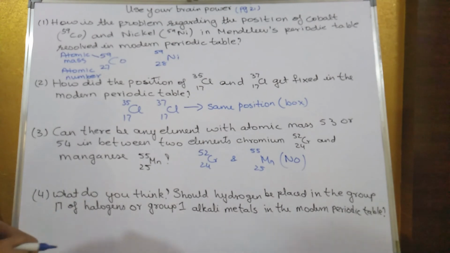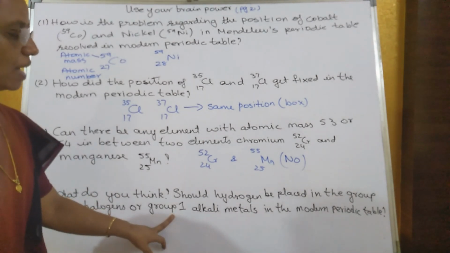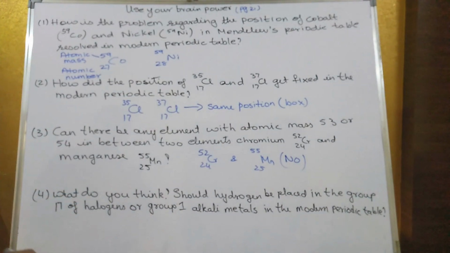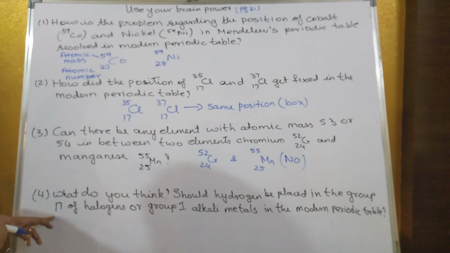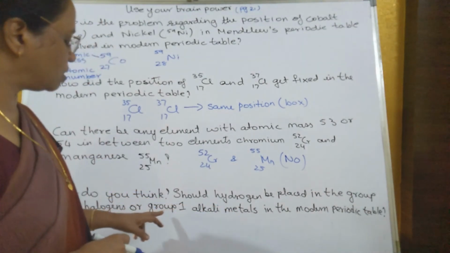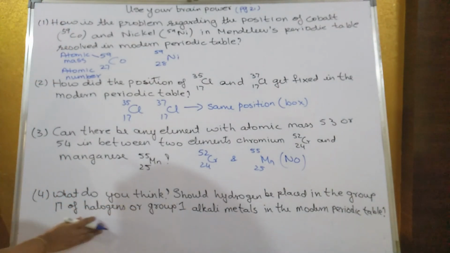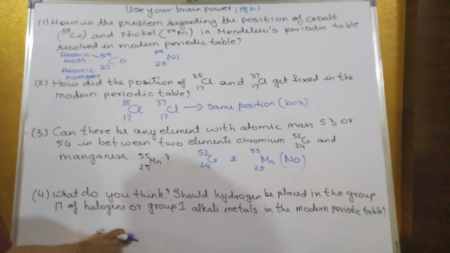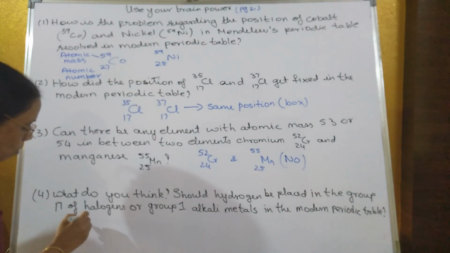What do you think? Should hydrogen be placed in group 17 of halogens or group 1 of alkali metals in the modern periodic table? Now we had studied the demerits, that hydrogen showed similarities with halogens, which are in group 17, and it showed similarity with alkali metals also, which are in group 1. Now it is placed in group 1. So this confusion is still not solved, but in the modern periodic table it is placed with group 1, that is alkali metals. Why?